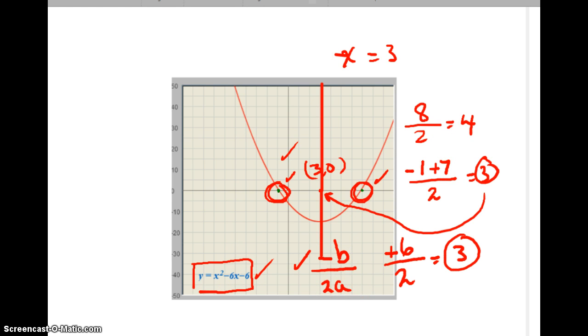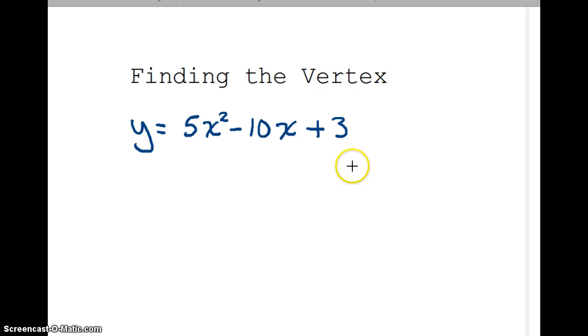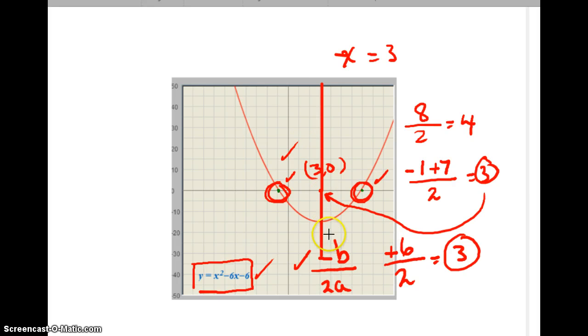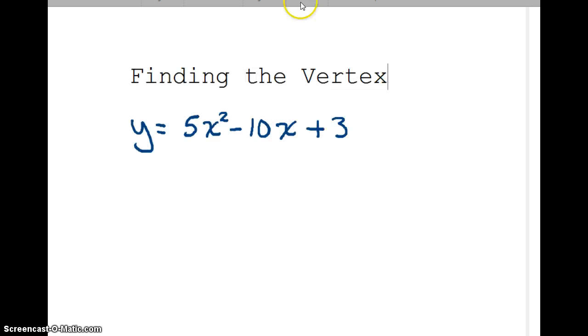Alright, the last thing we need to take a look at is to find the vertex. Now we've already said that if we have one solution, the vertex is going to be right at the very bottom. So that's pretty easy to find. But if I tell you specifically to find the vertex, the very first thing that you have to do every single time is find the axis of symmetry.